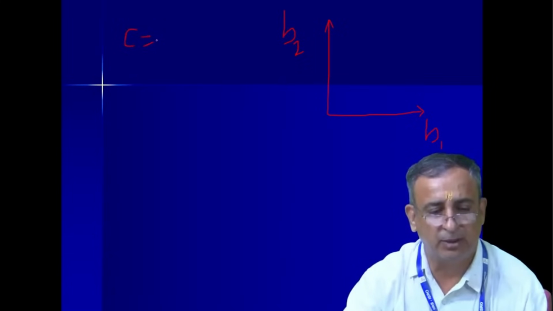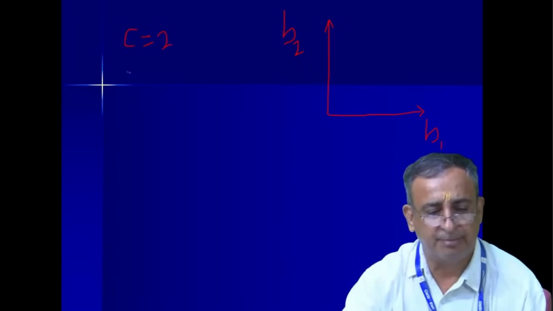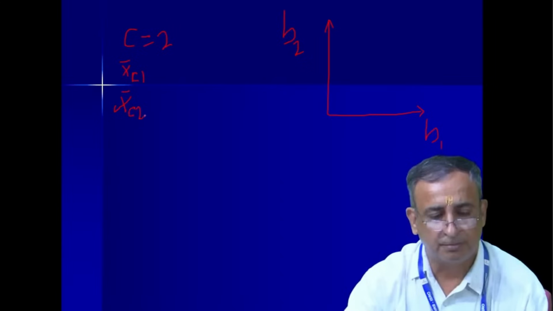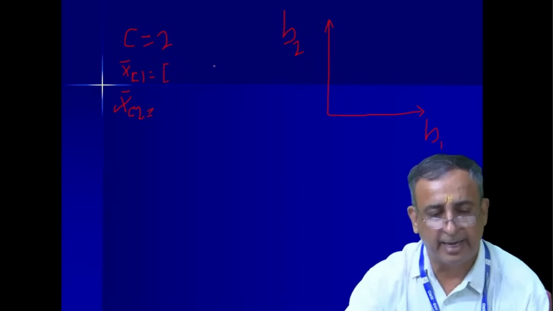Suppose C equals 2. That means you have to assume the mean of cluster 1, or you can write C1, and you have to assume the mean of C2. Here the mean will be 2-dimensional because your image is 2-dimensional.